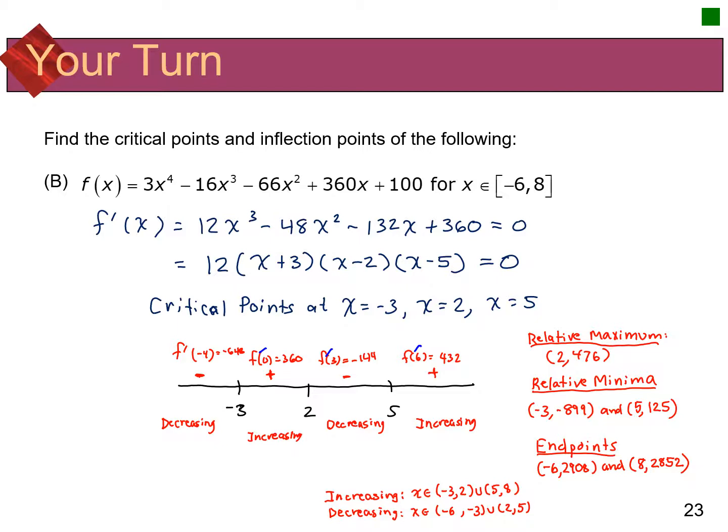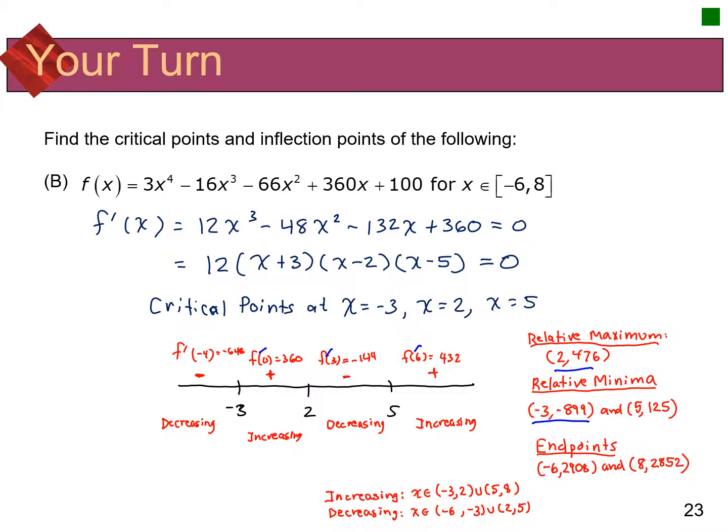I went from decreasing to increasing. So at negative 3, I do have a relative minimum. So you see here I did calculate the y-coordinate for that. At 2, I do have a relative maximum because I go from increasing. And then when I calculate f prime of 3, I got negative 144, which indicates it's decreasing at that point. So that is a relative maximum at 2, 476.